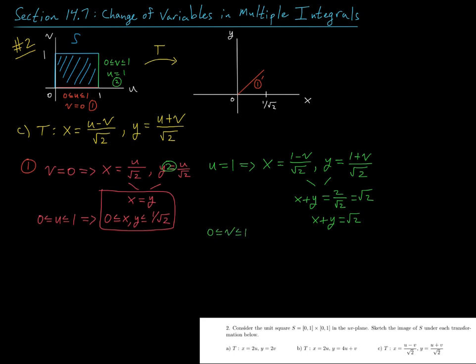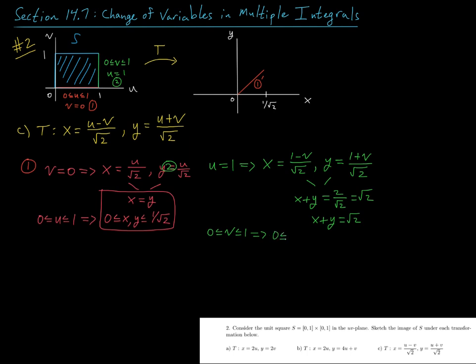Okay, so since x is 1 minus v over the root of 2, what will that say about the bounds on x? Well, for x, if v were 0, then this would be just 1 over root 2 at the high end. And if v were 1, x would be 0.